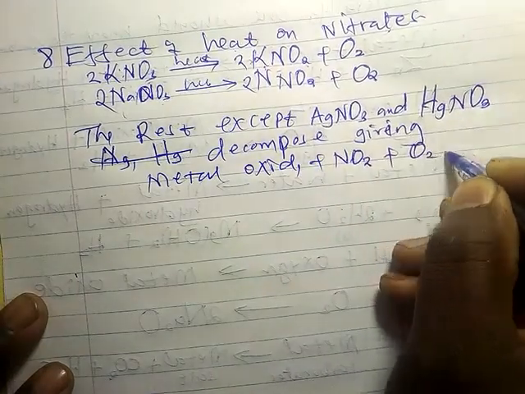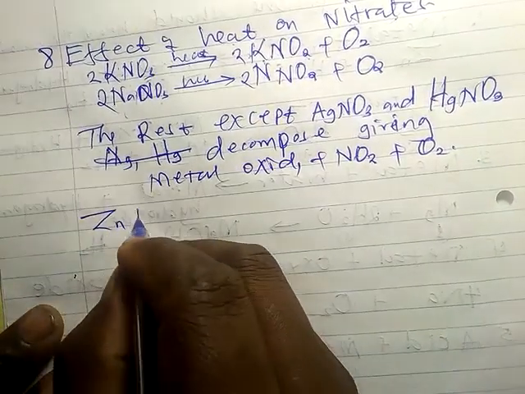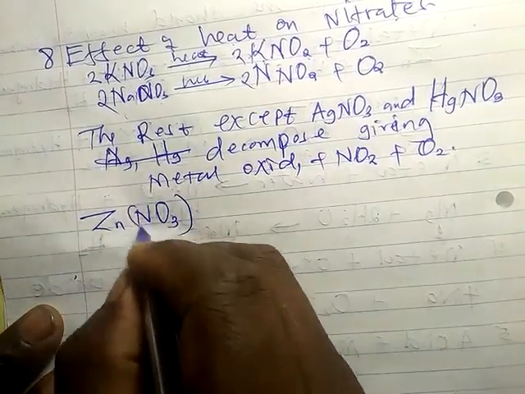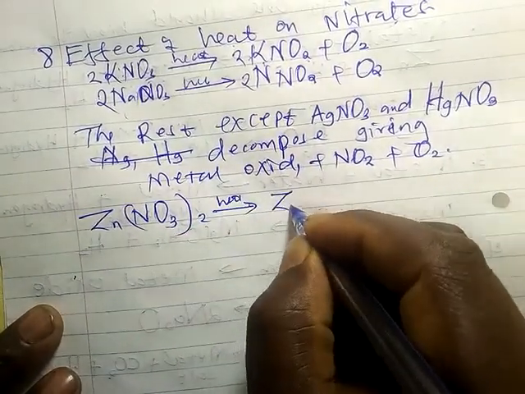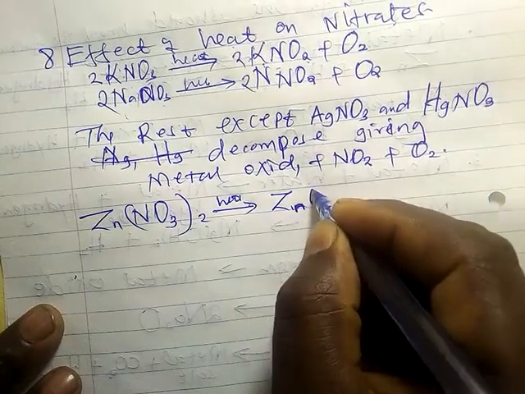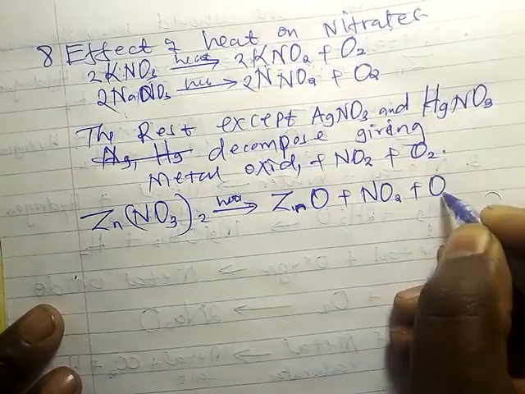For example, if it is zinc nitrate, when you heat zinc nitrate, it will give you zinc oxide plus nitrogen 4 oxide plus oxygen.